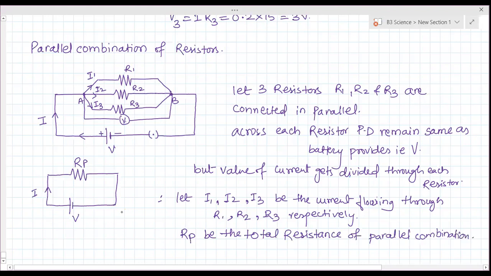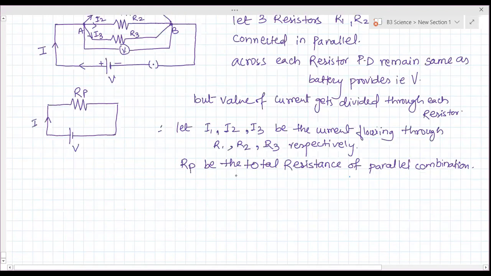All these points clear? Yes, ma'am. Now we know that the total I is equal to I1 plus I2 plus I3 because the same current only divided into three parts, right? Yes, ma'am.